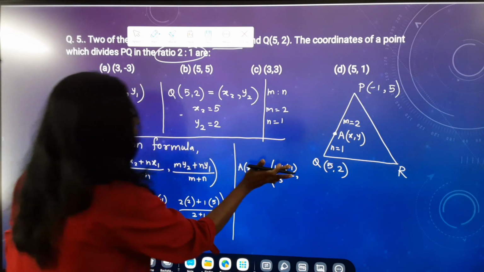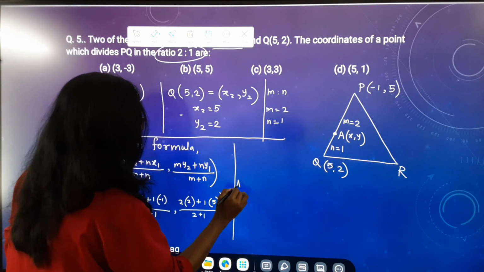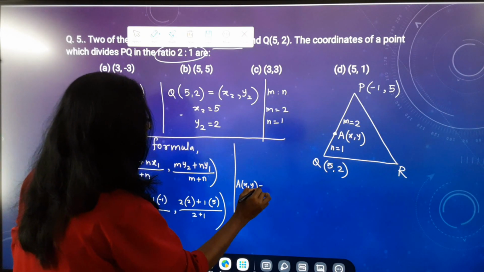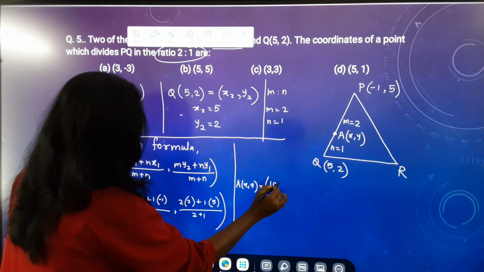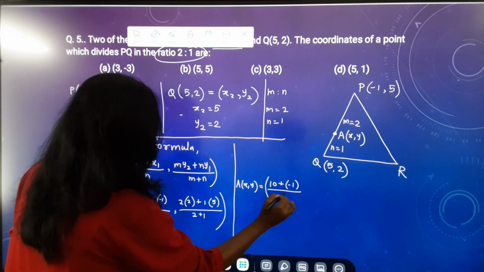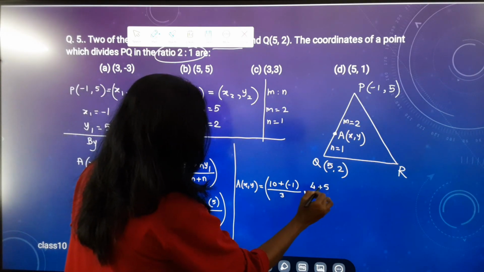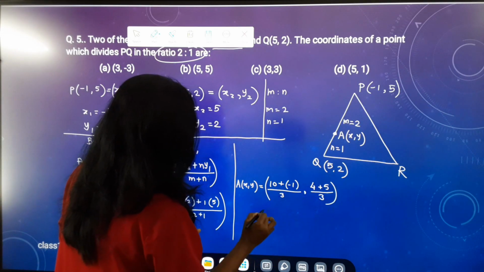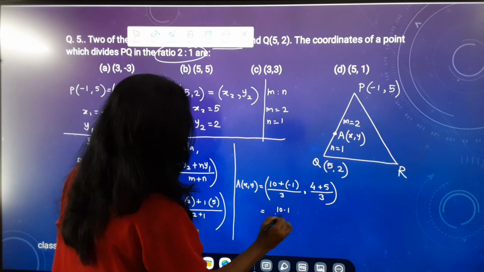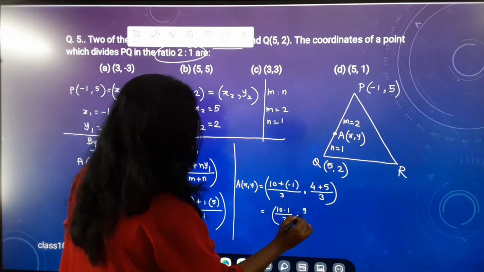Then here, students, I solve this: A(x, y) is equal to (10 minus 1) upon 3, and here 2 times 2 is 4, 4 plus 5 upon 3.